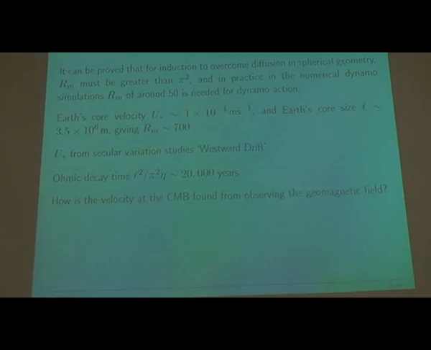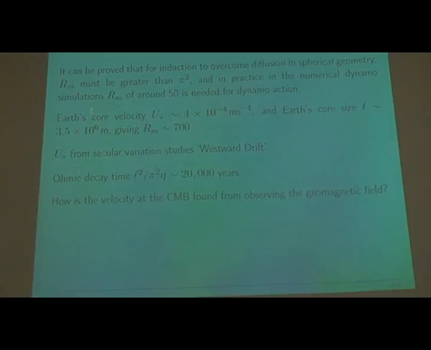You can show that for any kind of dynamo to work, the magnetic Reynolds number must be greater than a certain number. There's a fairly simple bound which gives you pi squared, so it's got to be bigger than 10. If you start doing numerical dynamo simulations, you usually discover that you need it a bit bigger than that. Typically around 30, 40, 50 is enough for dynamo action.